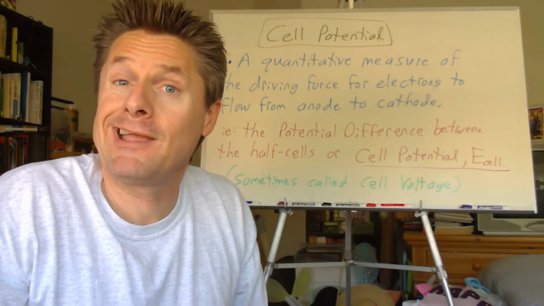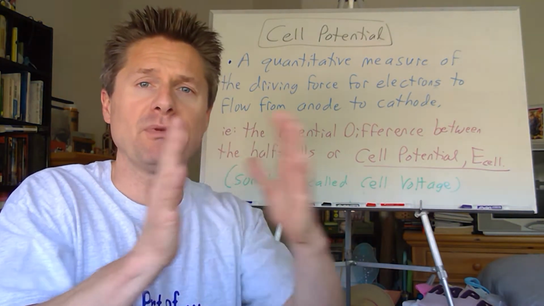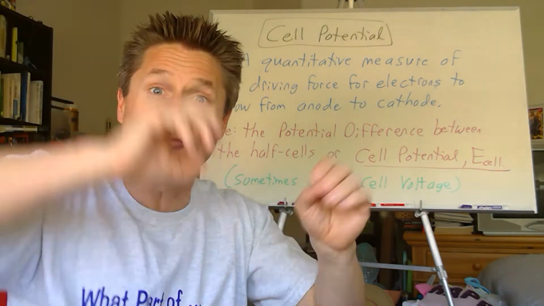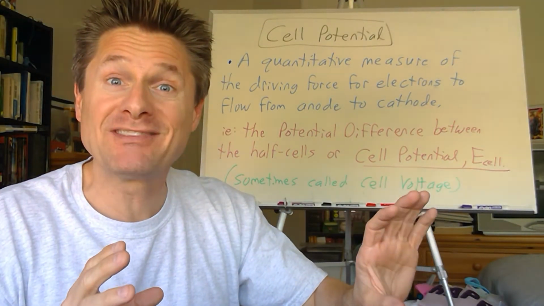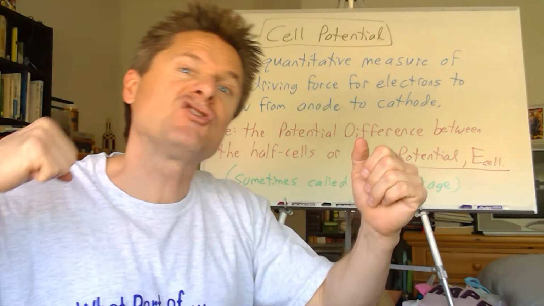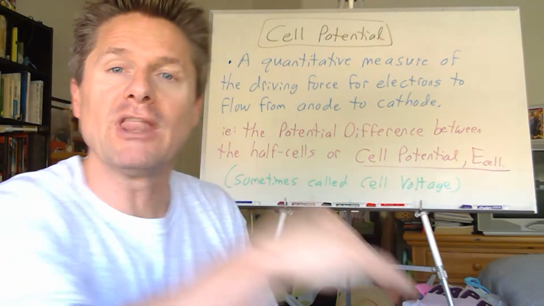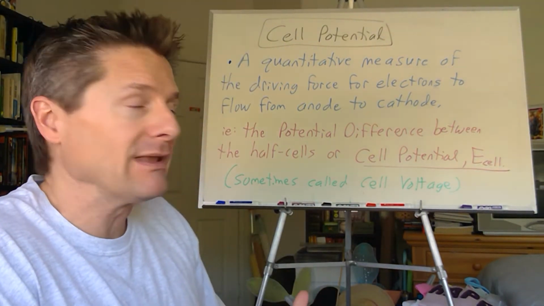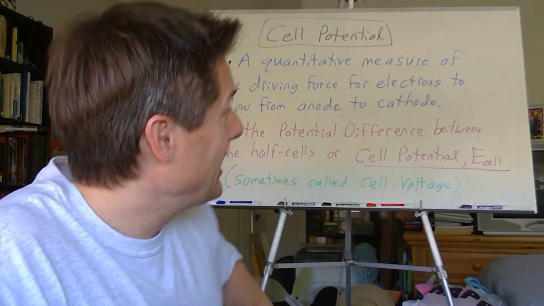So think of the cell potential as the height of the waterfall between the two half cells, the two electrodes. The greater this number, the stronger the driving force for electrons to flow, the more likely that's going to happen, and of course, the more work we can get out of that as well.